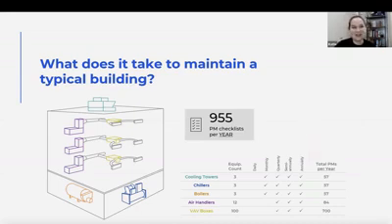So I pulled up what it takes to maintain a typical building. This is recommendations by an ASHRAE standard for what PMs to perform and how frequently. If we were in person, I would make you raise your hands for how many of you truly do all of these PMs at this frequency on your campus.